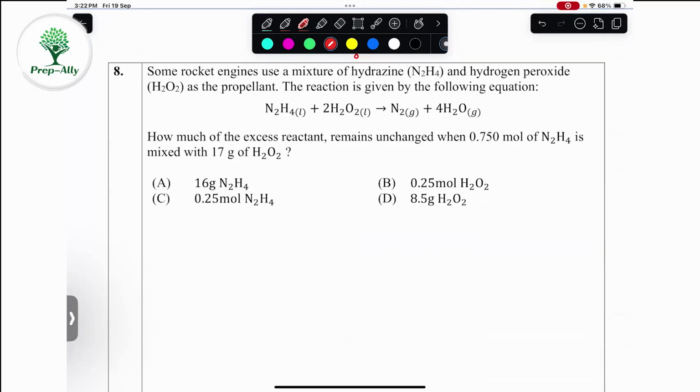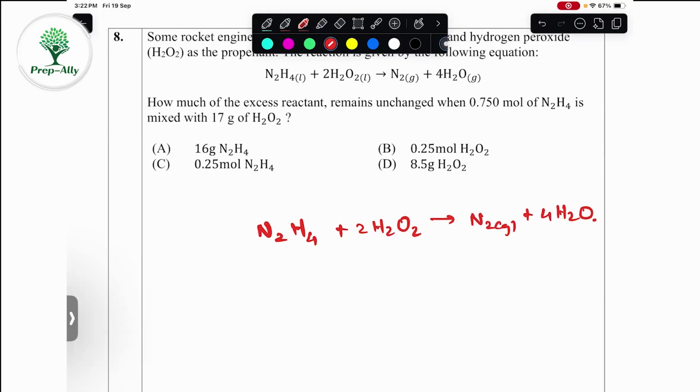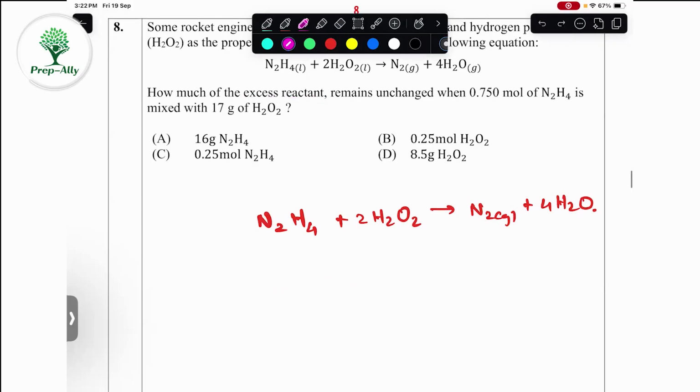Okay. Some rocket engines use a mixture of hydrazine, N2H4, the way you can write it like this also. It is reacting with H2O2, right? It is getting converted into N2 and 4H2O. How much excess reactant? They are asking about the excess reactant. So you have to find the limiting reagent also.